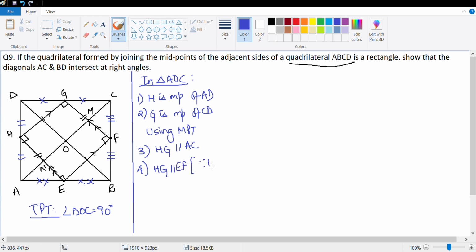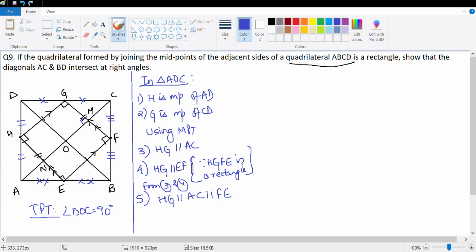Since HGFE is a rectangle, and a rectangle is a type of parallelogram. So from 3 and 4, I get HG is parallel to AC parallel to FE. If these are parallel, what is the angle?